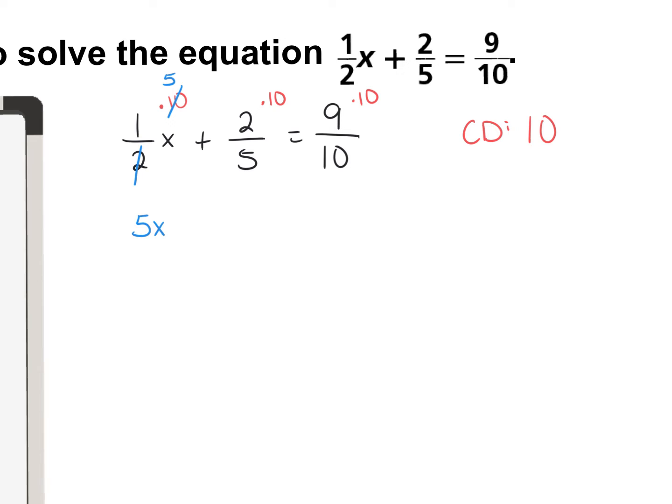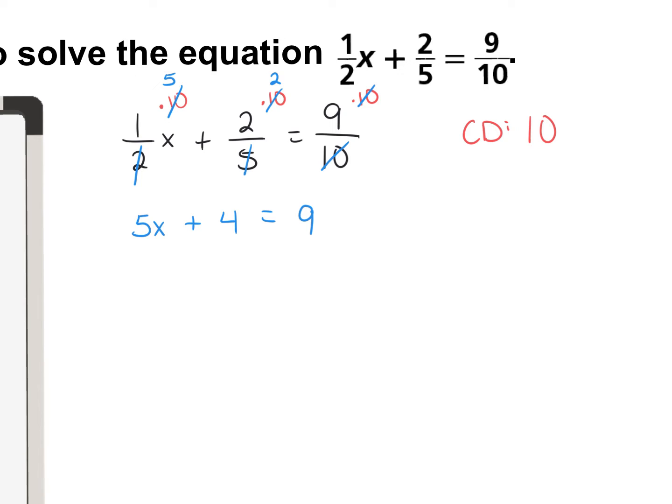Look at the next fraction. How many times does 5 go into 10? 2. So we have 2 times 2 is 4. Then we do the same thing with the other fraction. Do you agree that these 10s just cancel each other out? Okay. So we're just left with 9. So now does this equation look familiar? All we got to do is solve, right?